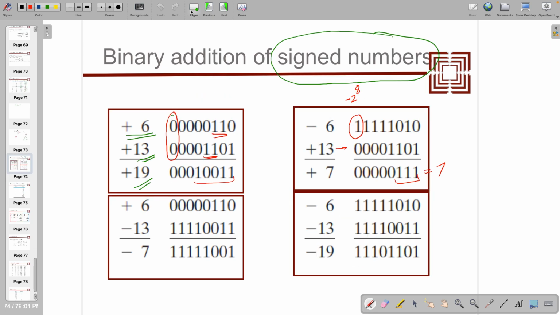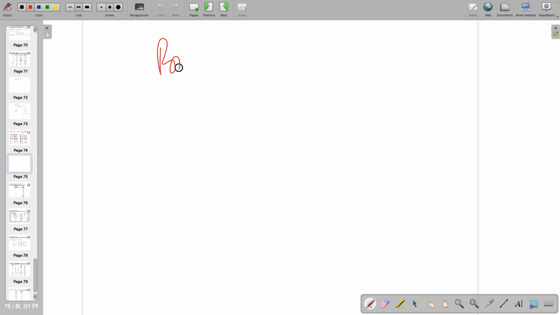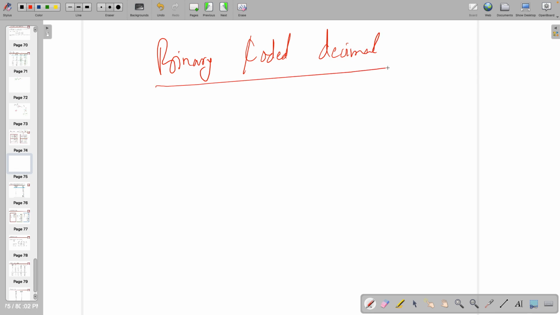So, the next number system is binary coded decimal. As the name suggests, let us assume that anything from 0 to 9, decimal, is the one which is written from 0 to 9, most of the time.